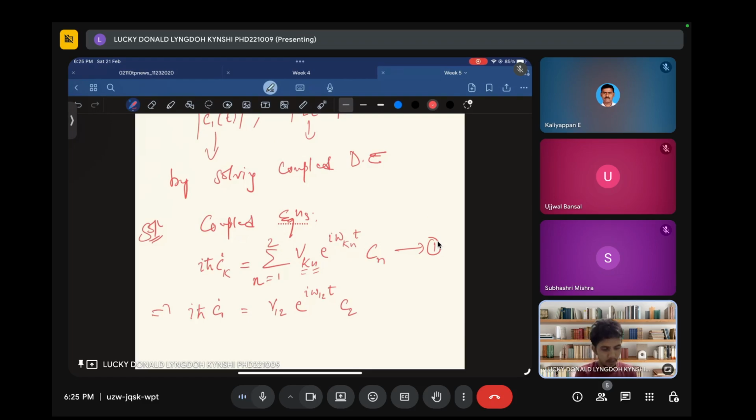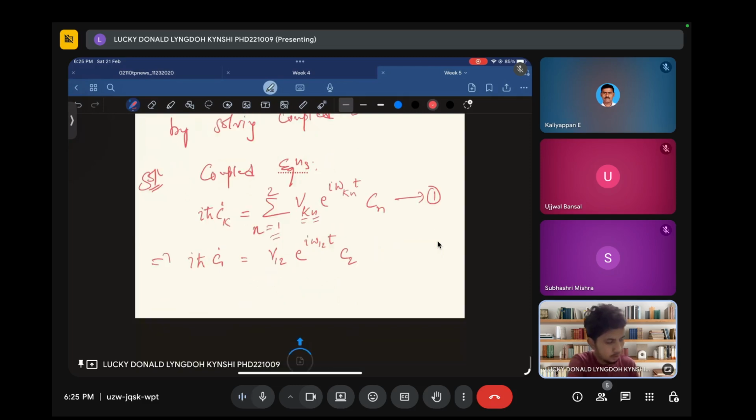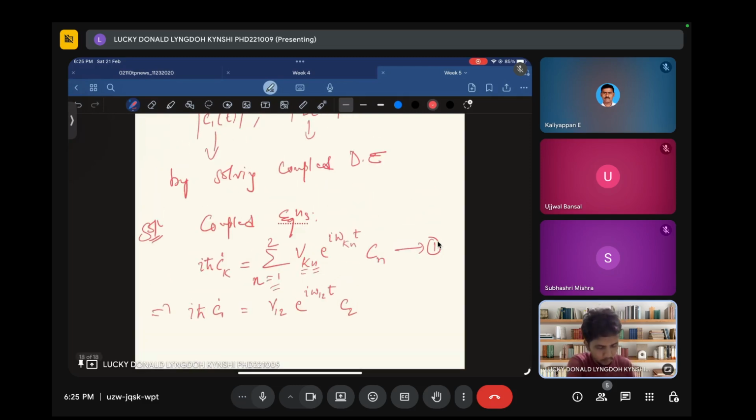The question is what happens to the c1 term, because in the summation n is also equal to 1? In that case V11 is already equal to 0, so you will get i h cross c1 dot equal to V12 e to the power of i omega 12 t c2.